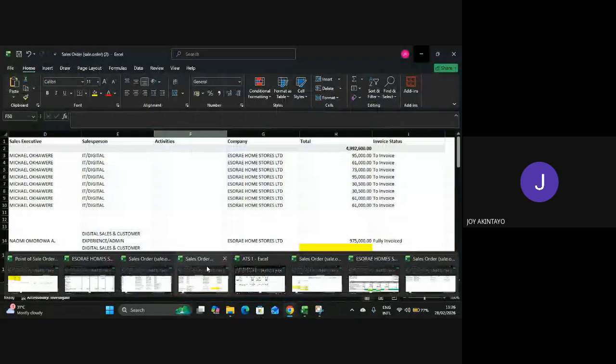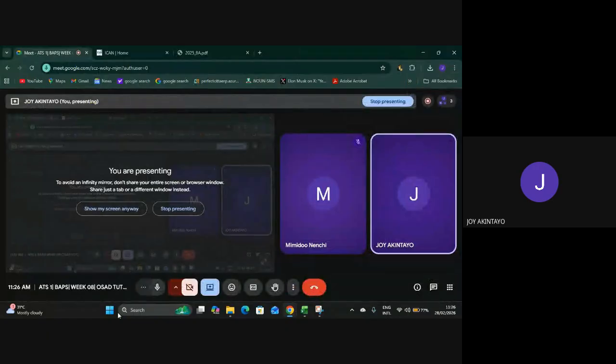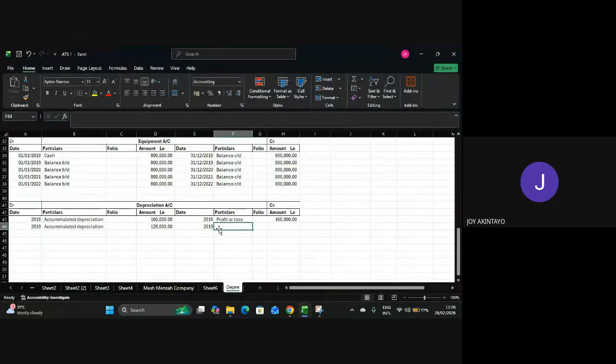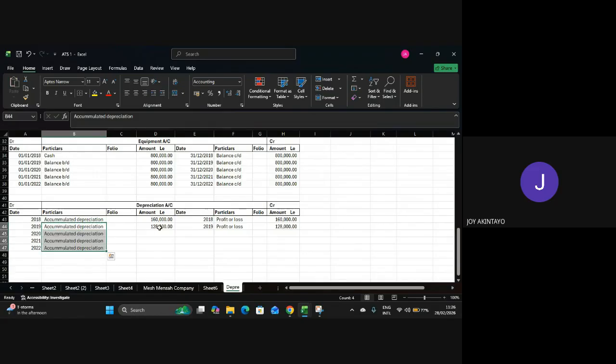So the next thing we do right now, this one is going to P or L as usual. You'll copy this. So we'll do the same thing 2020, 2021, 2022.